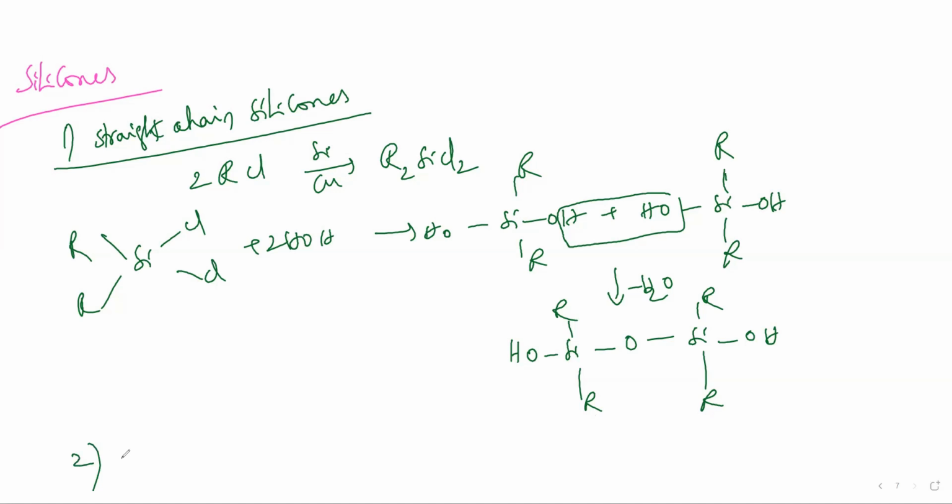Next you will have cross linked silicone. Okay, but you don't need any of those structures. Next, silicates. So what is the basic unit in silicates?